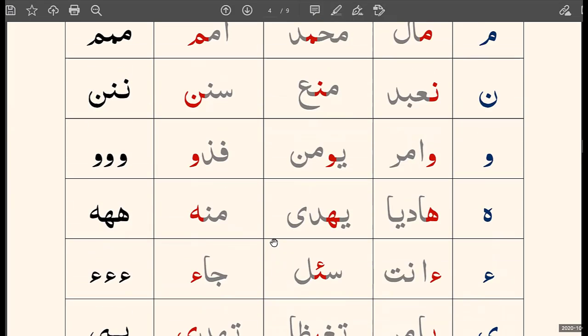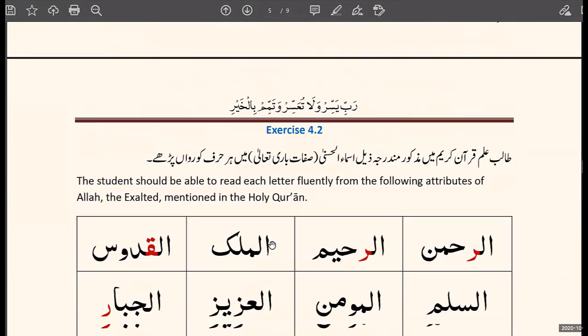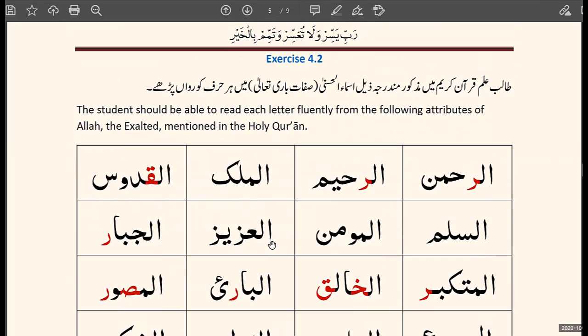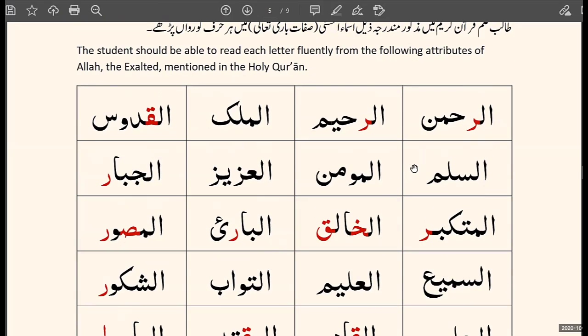Now we have only 13-14 minutes left, and we can come to the very important exercise 4.2. As I said, in these lessons 99% of words have been taken directly from the text of the Quran. These are separate letters, which should be pronounced, but in actuality these are the attributes of Allah the Exalted. Ar-Rahman, Ar-Rahim, like you have heard many times, Bismillah ar-Rahman ar-Rahim.